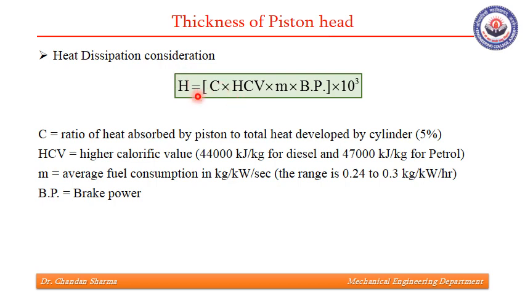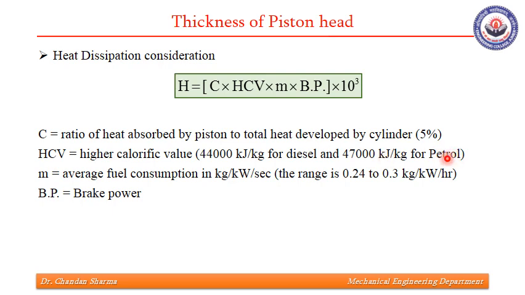C is ratio of heat absorbed by piston to total heat developed by the cylinder. It is generally 5% if not given. So that means whatever heat is being generated, only 5% of that heat is being dissipated by piston. HCV is higher calorific value, which is 44,000 kilojoule per kg for diesel and 47,000 kilojoule per kg for petrol.